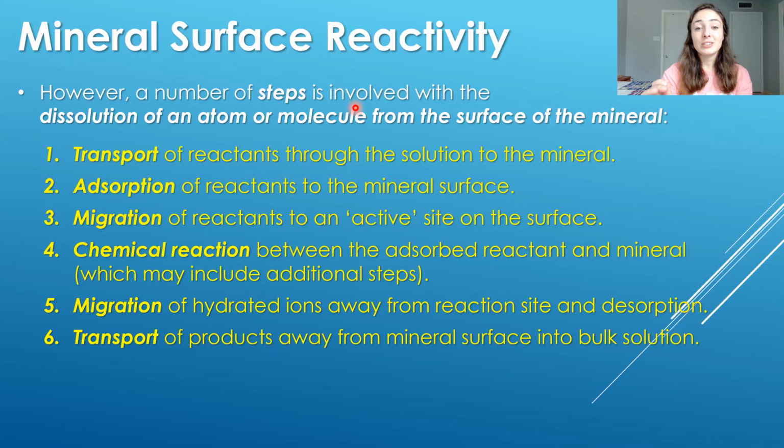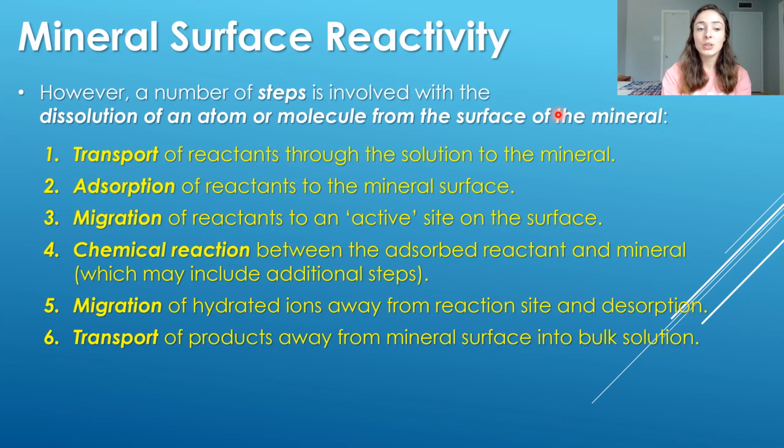However, even if it's favorable for a mineral to dissolve, such as in the case of sodium chloride, a number of steps are involved with the dissolution of an atom or molecule from the surface of a mineral. So it takes a little bit of work to actually get that atom or molecule to release from the surface of the mineral and become dissolved in the solution.